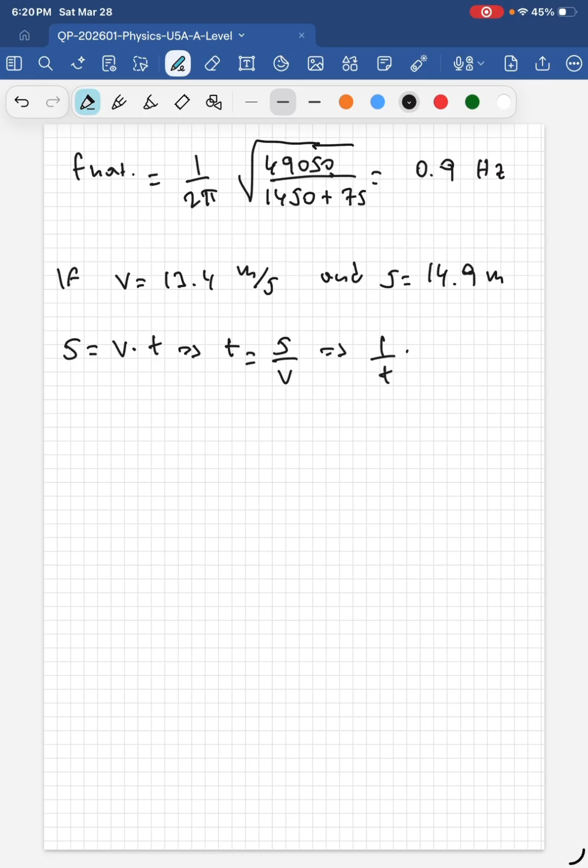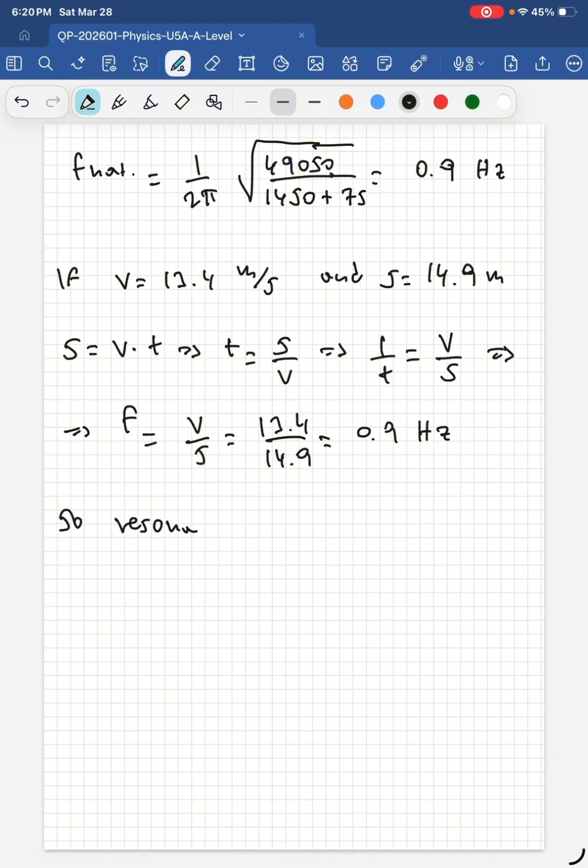Therefore, 1 over t is v over s, okay? And 1 over t has dimensions of frequency. So frequency is v over s. And if we plug in the numbers, v is 13.4, s is 14.9. This yields 0.9 hertz. So resonance will occur.